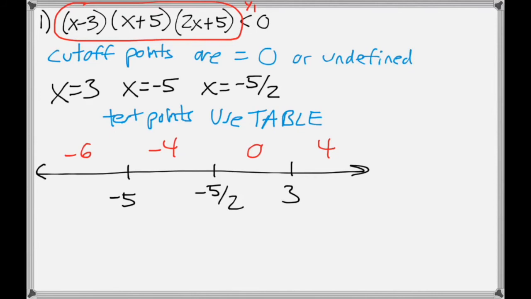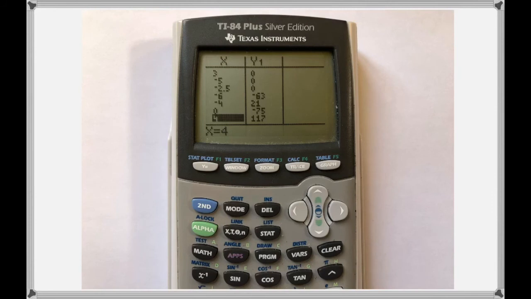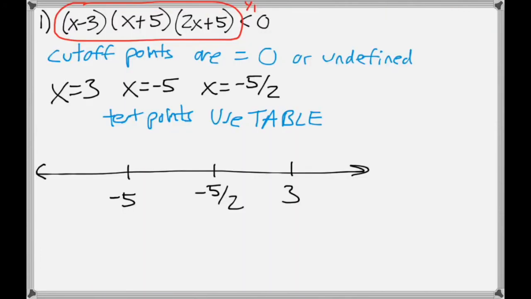If you do that, we're actually just concerned with the sign. You'll notice that I have a negative 63 here. I don't really care about the fact that it's a 63. I care about the fact that it's negative. So I'm only concerned with signs here. So this is a negative region, meaning the function is negative within that interval.